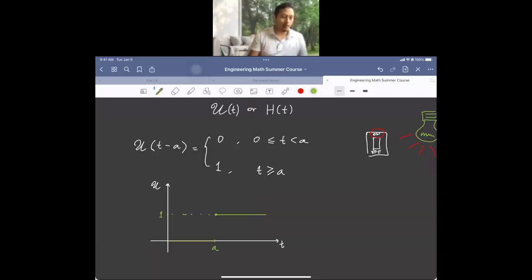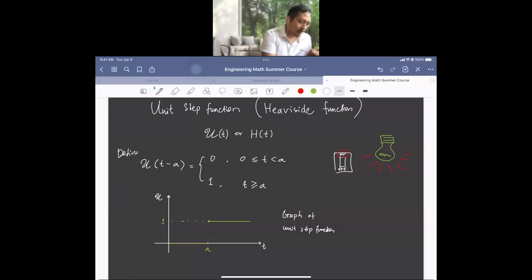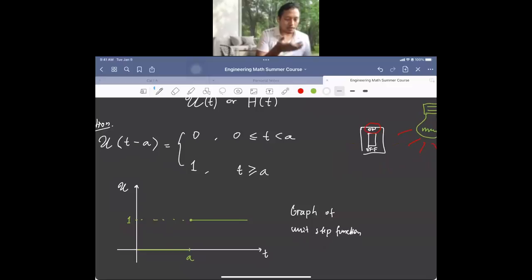That's the graph of our unit step function. And this is the definition for the unit step: it will be equal to 0 from 0 to a, and equal to 1 for t greater than or equal to a.